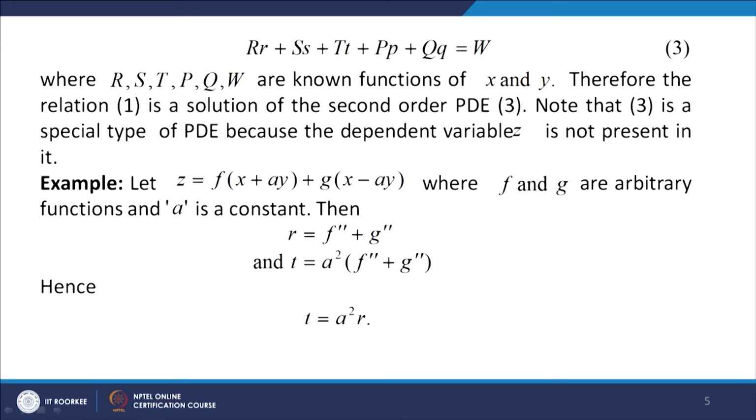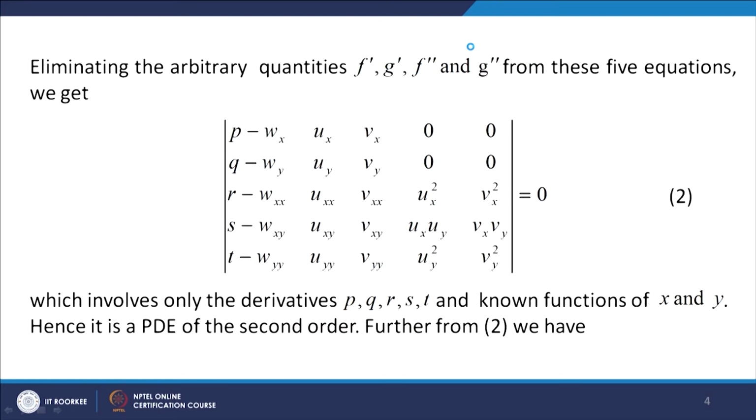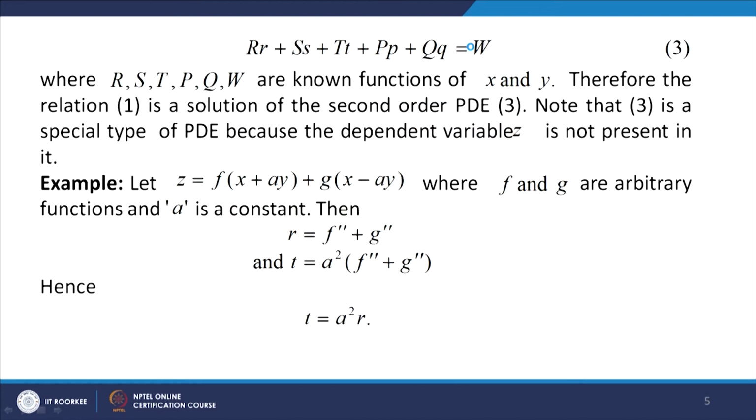Therefore, the relation 1 is a solution of the second order PDE 3. This is your PDE 3 and you can see this is a second order partial differential equation, because r is the second order derivative of z with respect to x, s is the second order partial derivative of z with respect to x y, t is the second order derivative of z with respect to y, p is the partial derivative of z with respect to x of first order, and q is the partial derivative of z with respect to y of first order.